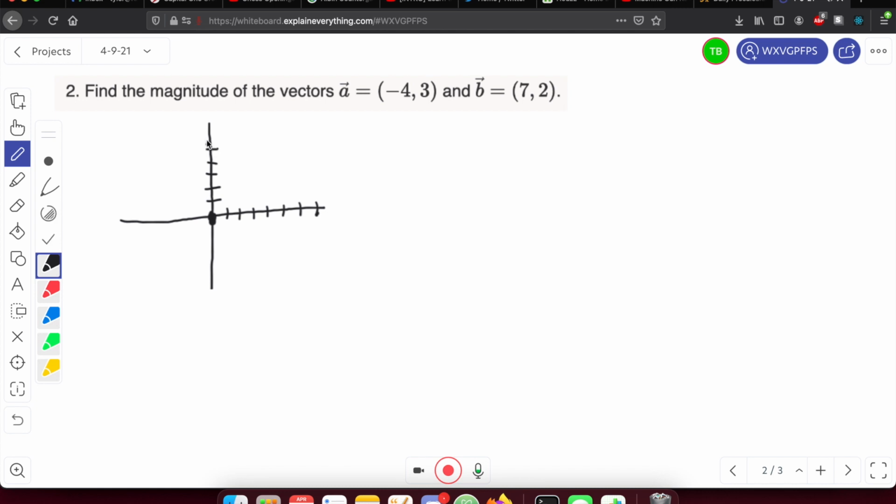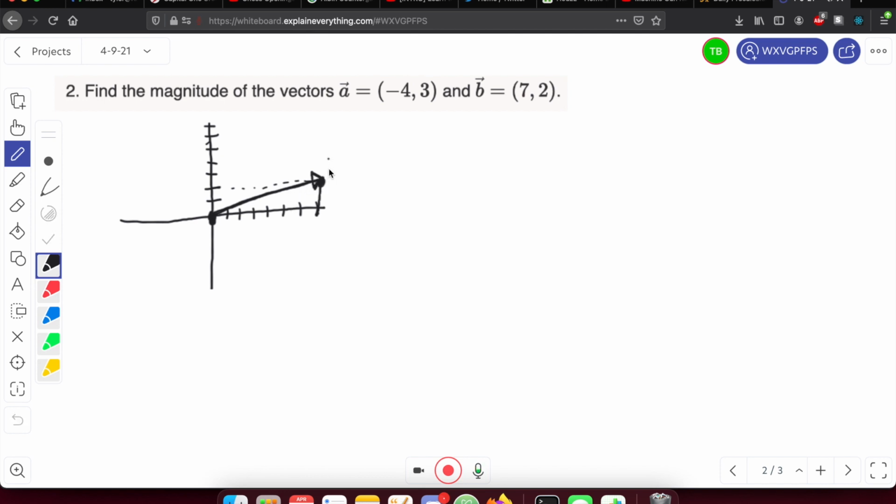I'll map out some more coordinates. So we're going to move over here, and we're also going to move up here. And this point is where our vector points to. So we're going to have a line that goes in this direction, and it's going to be straight. And this is going to be our vector right here.